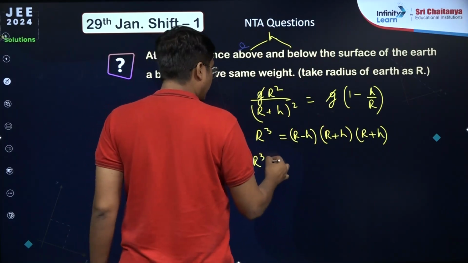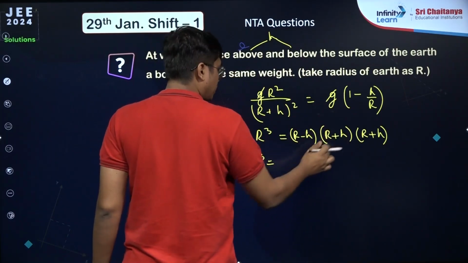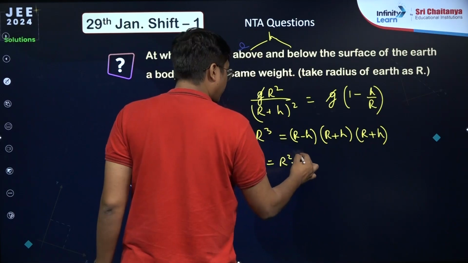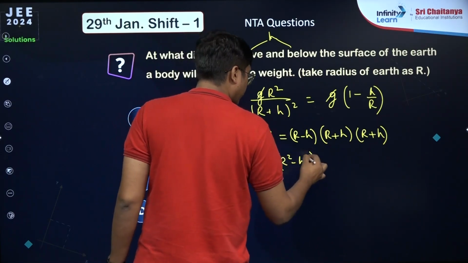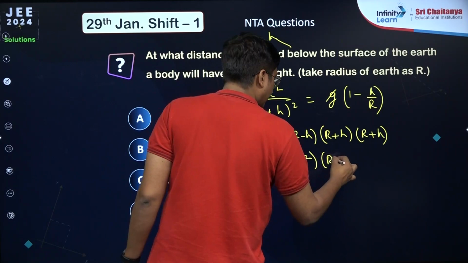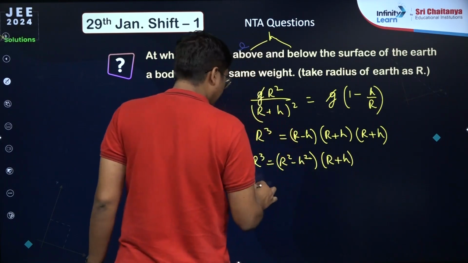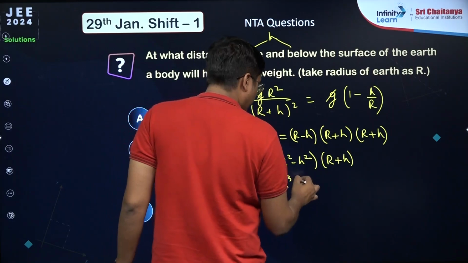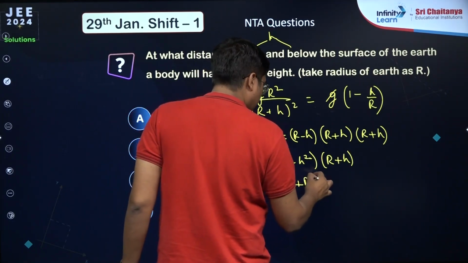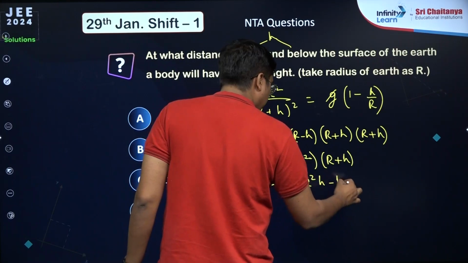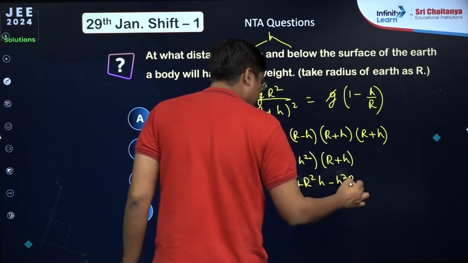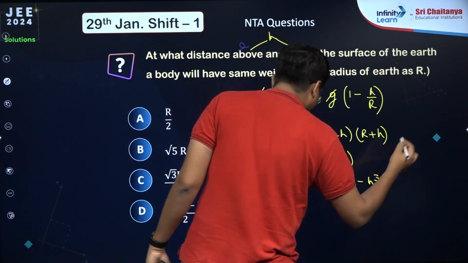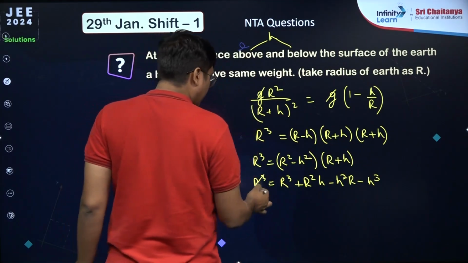Reason I do that is I can make it R cube is equal to a minus b into a plus b, that is R square minus h square into R plus h, that is R cube is equal to R cube plus R square h minus h square R minus h cube. Take the R cubes out.